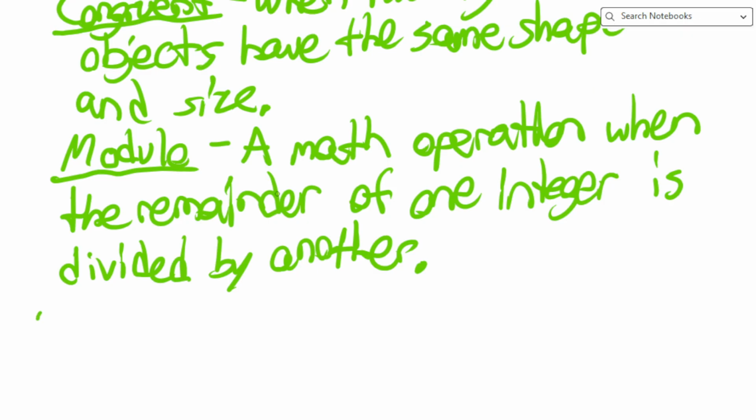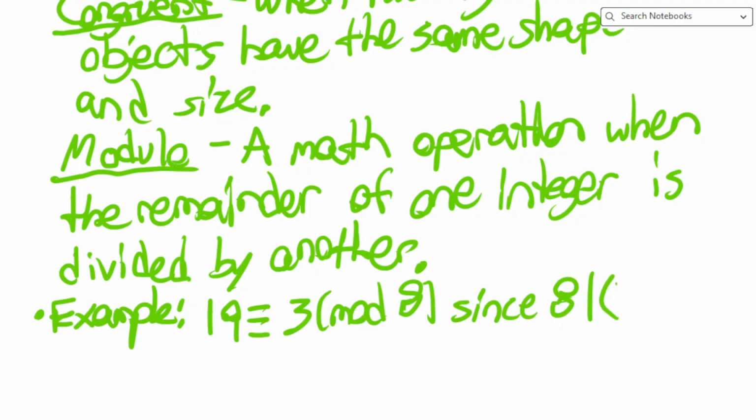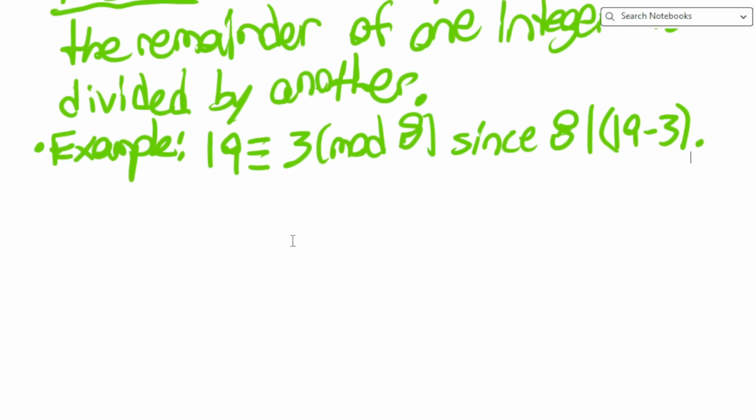So an example of this would be 19 is congruent to 3 mod 8, since 8 is divisible by 19 minus 3, or 8 is a divisor of 19 minus 3.